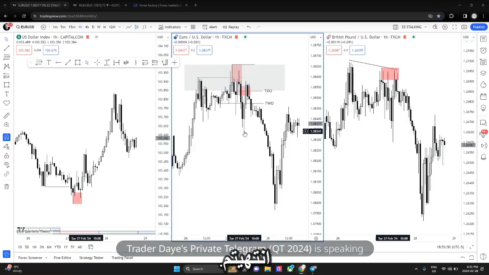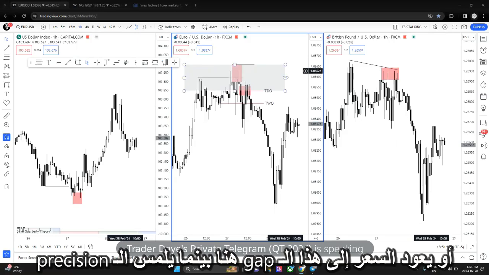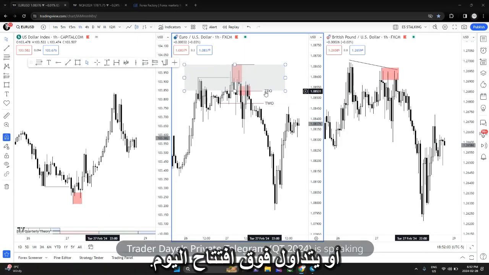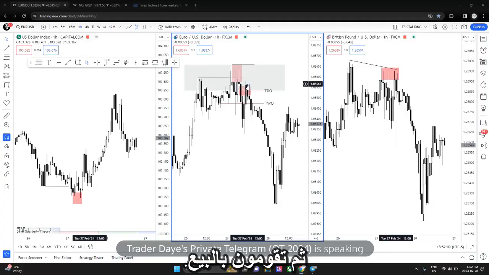Done. Or price goes back into this gap right here while touching the precision level, trading above the true open. Then you short. Boom.